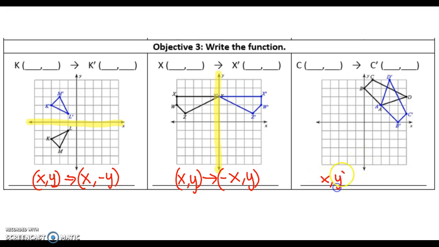So the function for y equals x is (x, y) becomes (y, x). Now for these, writing the function, you can also identify the ordered pairs and notice the change between the two ordered pairs as we did with rotations. But if you can visually see, then it's not necessary to do that.